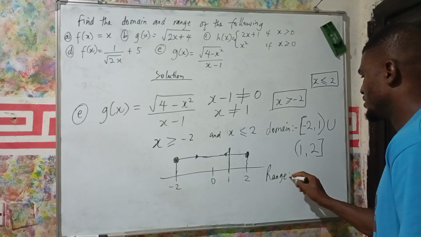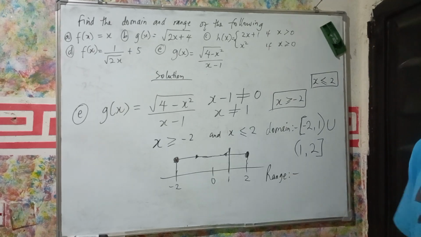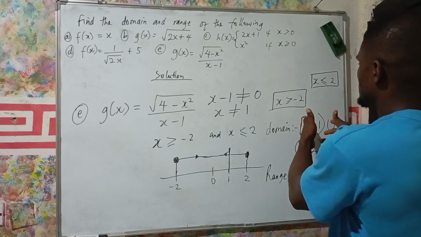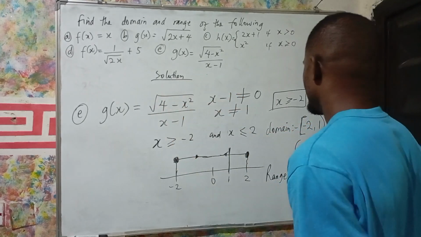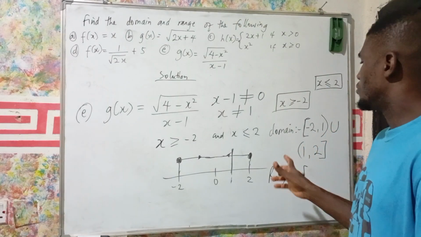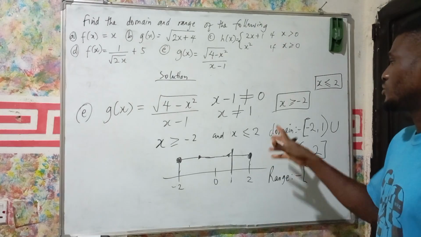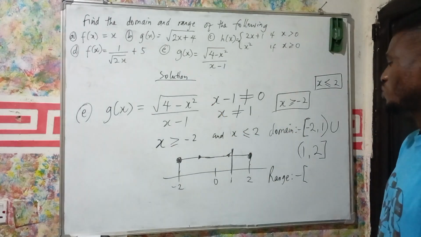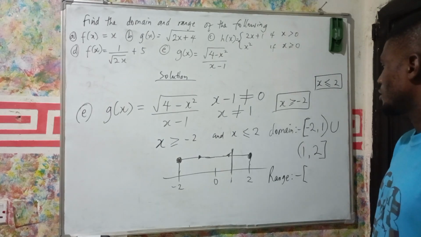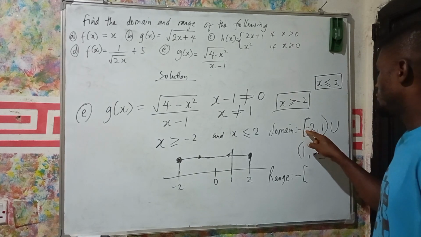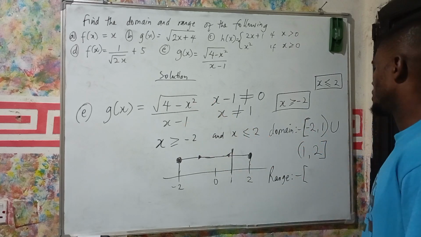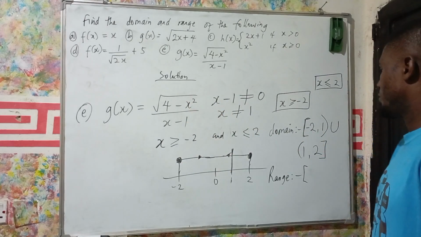Now let's talk about the range. What then would be the range? What would be the set of answers, solutions that we'll have if we put in these values here? Now, to find the range of this equation, you look at it from this minus 2 here. We know that if you insert minus 2 in this equation, you're going to have 0. Okay?